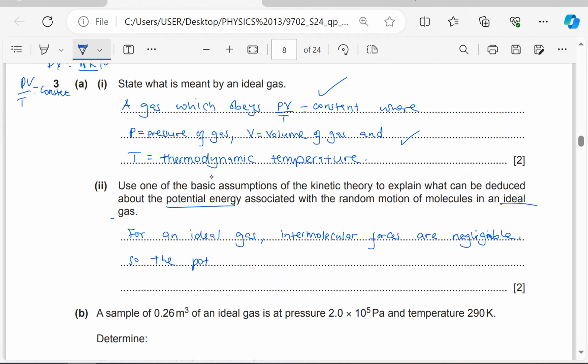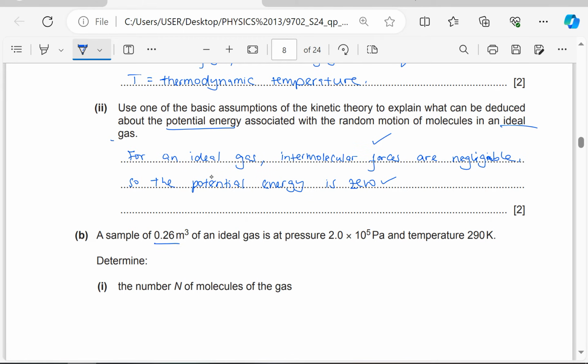Because the potential energy depends on these intermolecular forces, the potential energy is going to be zero. So I think the first mark is mentioning that the forces are zero, and the second mark should be mentioning that the potential energy is zero, because they wanted the energy.